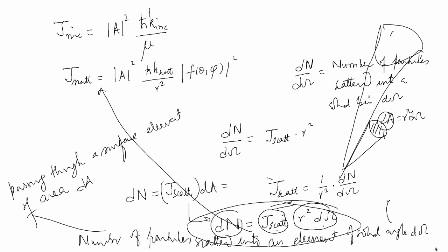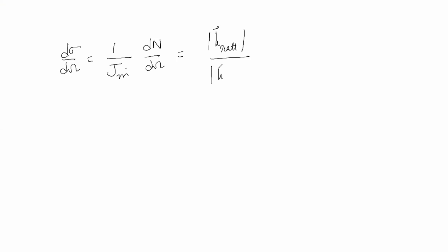I will speak to you day after tomorrow about how much you are able to digest it. d sigma by d omega is equal to 1 over J incident times dN by d omega, and that will be equal to K scattered upon K incident times F theta phi whole square.